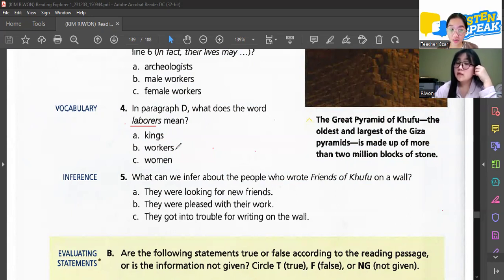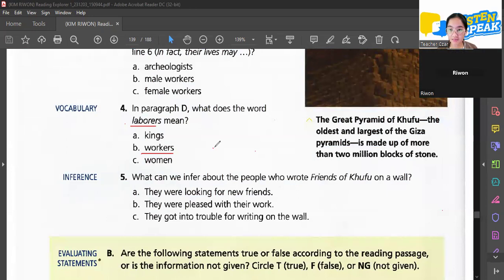Yes, they are workers. Because laborers are those persons who are doing unskilled or manual work, like digging up some rocks, or shaping them into cubes for the pyramid of Giza, something like that. Those are the laborers, unskilled or manual work.